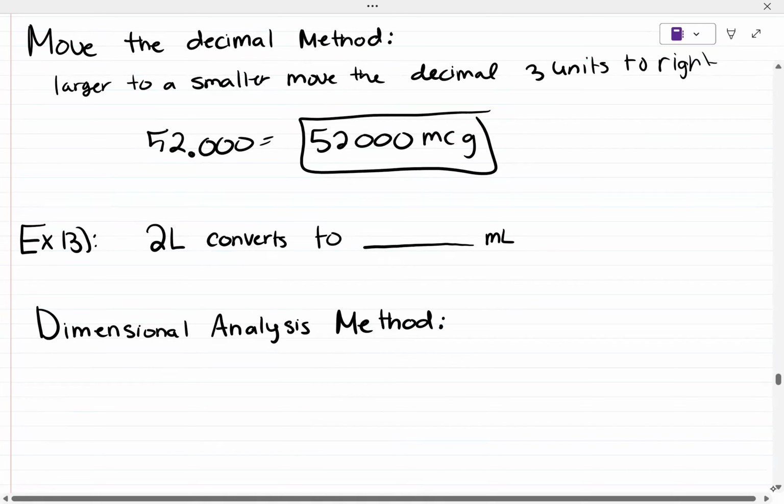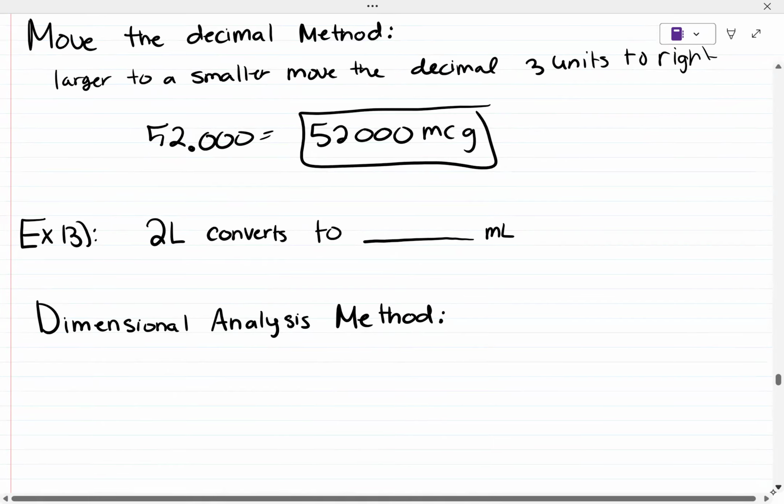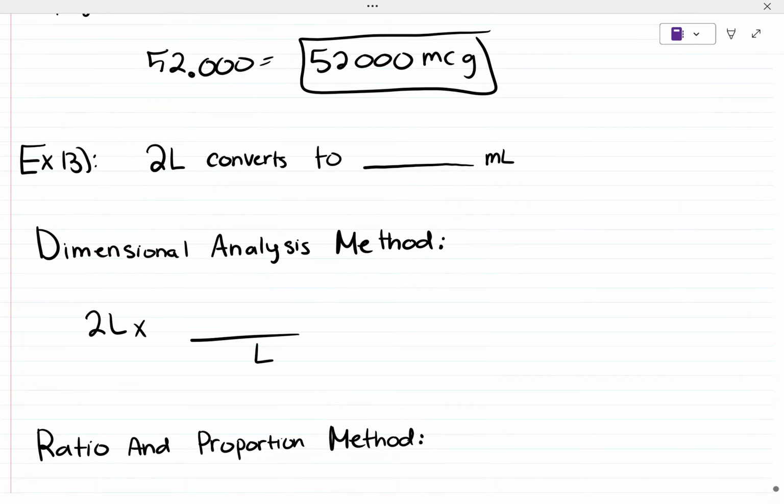Okay, example 13, we have 2 liters and we have to convert it to milliliters. So liters is pretty large, and then we're going to a smaller unit. So dimensional analysis. So 2 liters here times, and then liter units on the bottom, and then milliliters on the top.